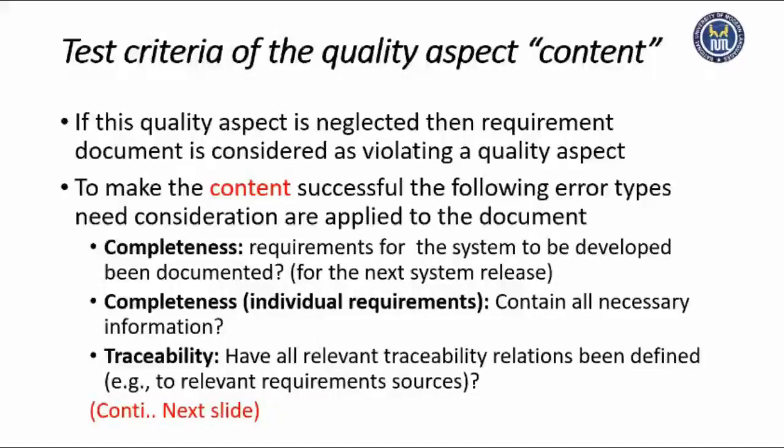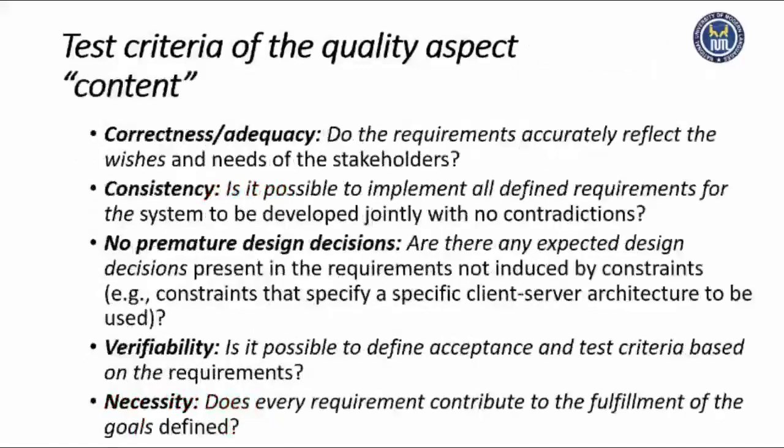There are furthermore test criteria, which are correctness and adequacy. Do the requirements accurately reflect the wishes and needs of the stakeholders? Consistency: is it possible to implement all defined requirements for the system to be developed jointly with no contradictions?